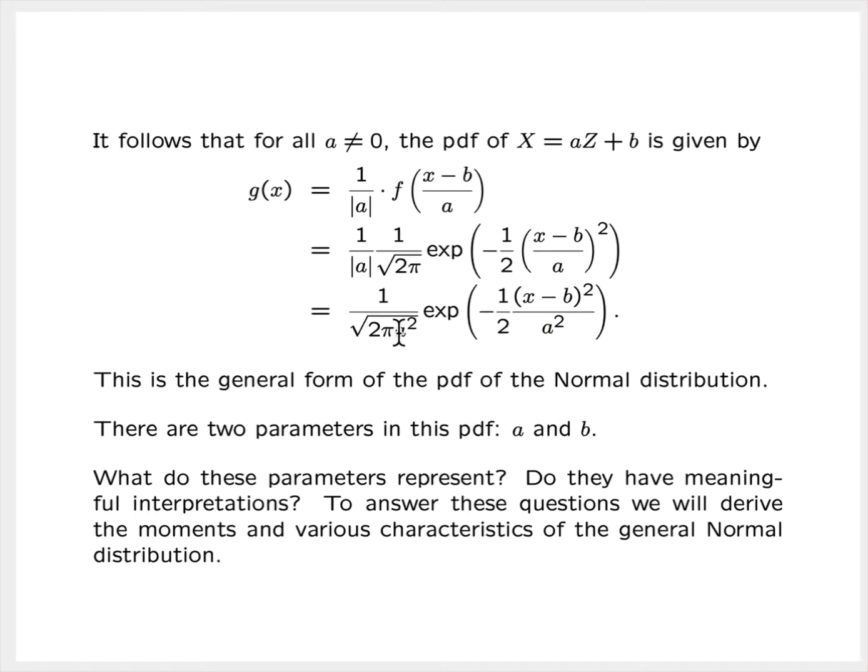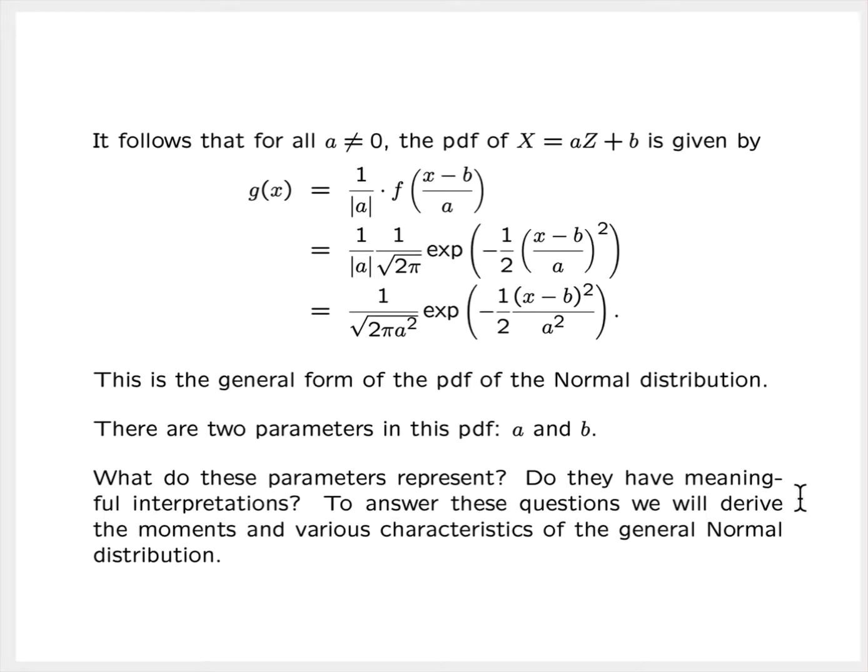A shows up under the square root sign and in the denominator, both in terms of a squared, and b shows up in the numerator of the exponent. Those are the two parameters of this distribution. So the question is, what do these parameters represent? Do they have meaningful interpretations?